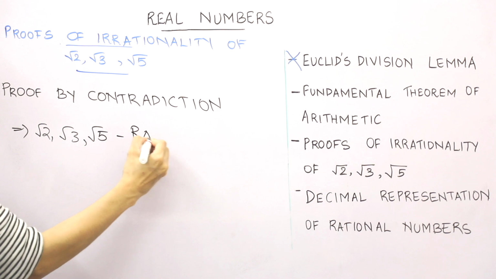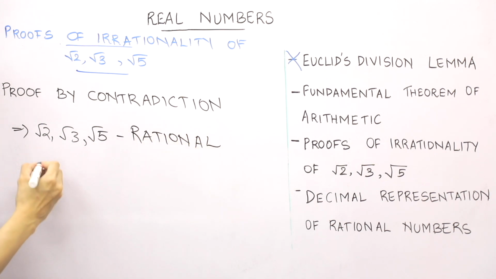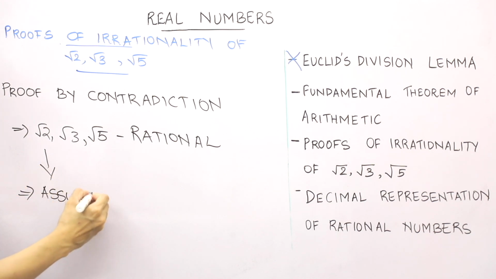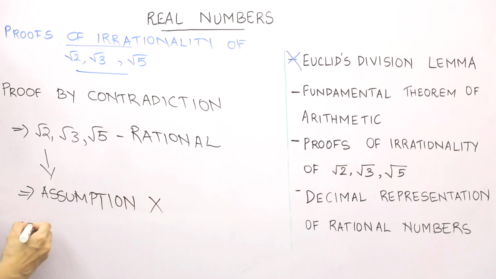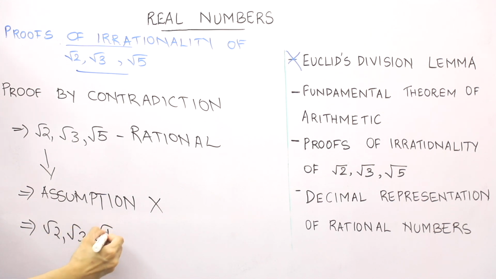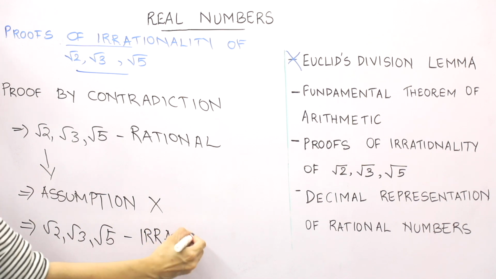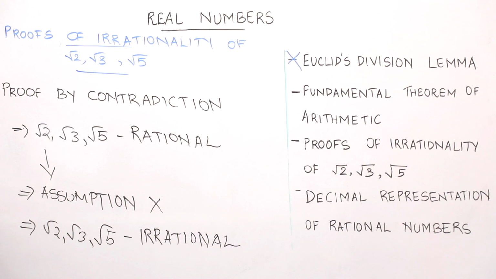So this will be our assumption, and finally after the proof we'll realize that our assumption was wrong, and thereby proving that root 2, root 3 and root 5 are irrational. So this is the technique used for proving the irrationality of root 2, root 3 and root 5.